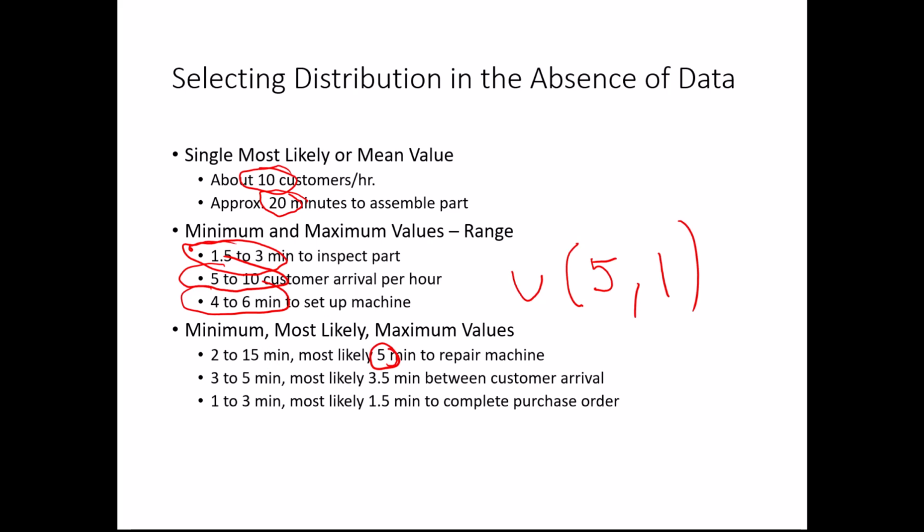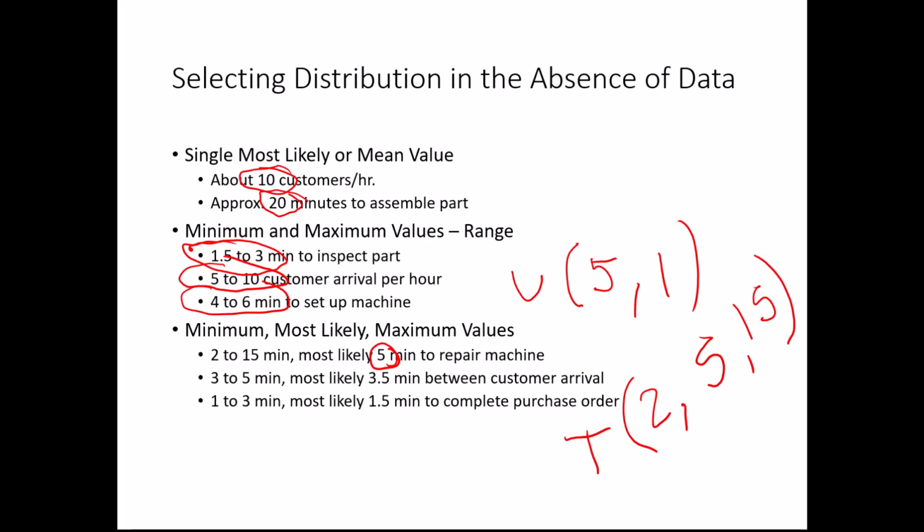So that means that you can build a triangular distribution where the minimum is 2, the most likely to occur is 5, and the maximum is 15. So this is one way to describe your triangular distribution for 2 to 15. These are the ones that you can use the most.